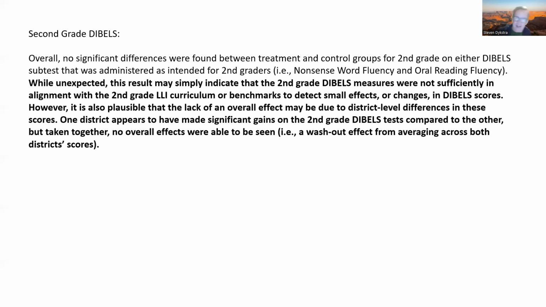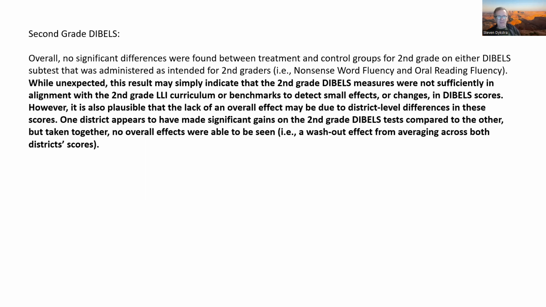Think about what they're telling you here. They're saying, we didn't get any results, but we don't think it's our fault. We think DIBELS is no good. We think DIBELS doesn't line up enough with what we teach in LLI to get results. We'd rather talk about our running record because that lines up real closely with what we're teaching. But they didn't develop those skills.